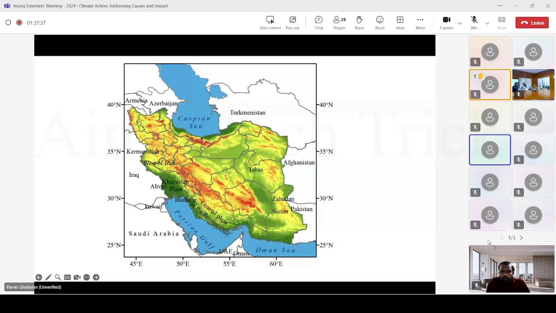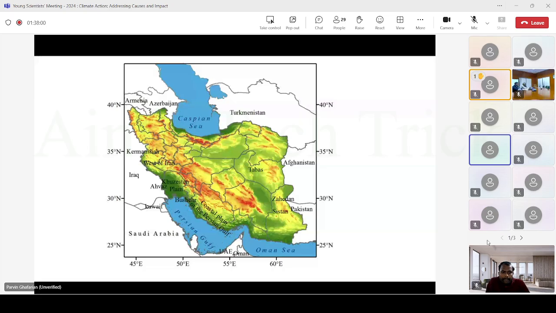The majority of Iran is arid or semi-arid, with the average annual rainfall being around 240 millimeters. The main rainy season is from November to May, with little to no precipitation from May to October.